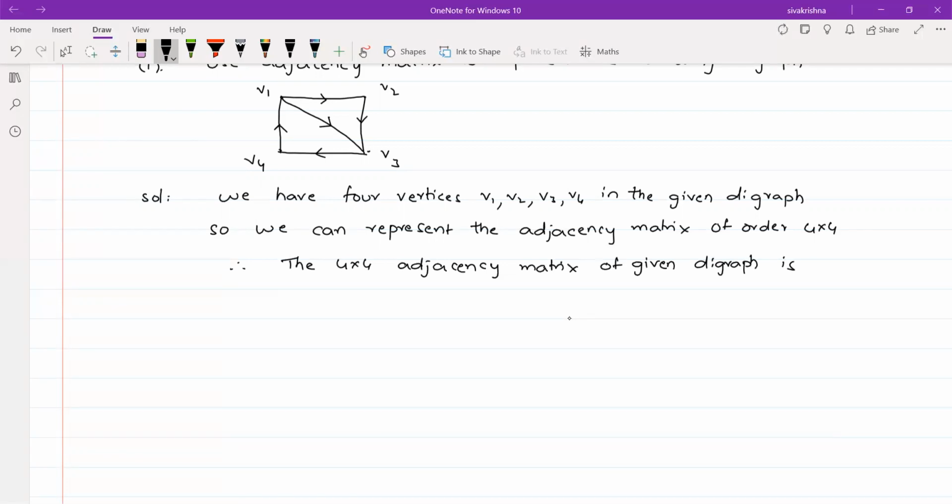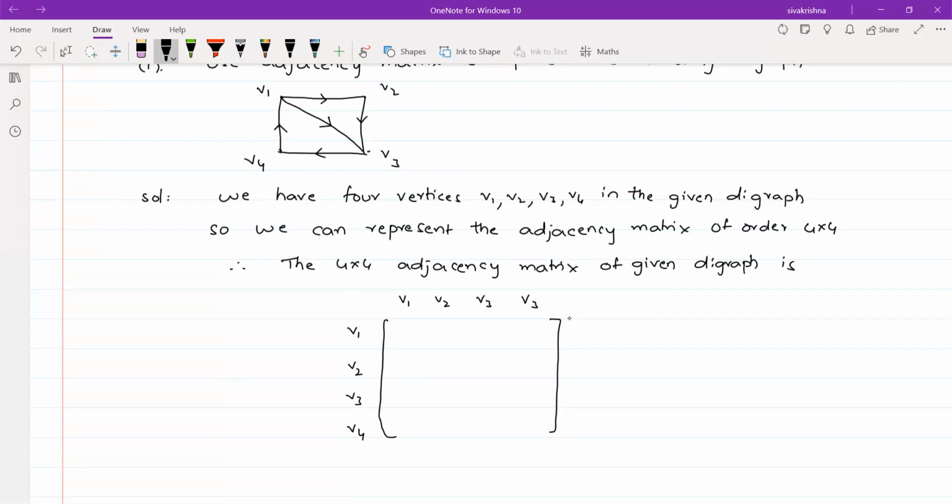so we have to represent the vertices along the rows V1, V2, V3 and V4, and also we have to represent the corresponding vertices along the columns V1, V2, V3 and V4. Right, so we have to write the number 1 if there is an edge between those particular vertices.